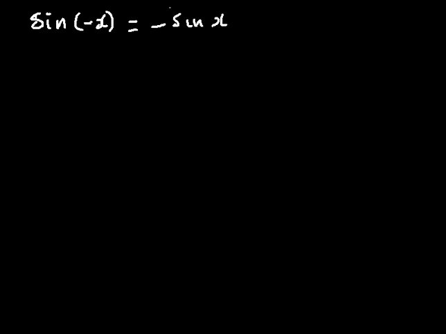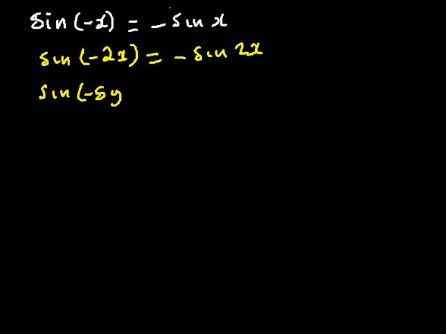That is to say, if we have sine of negative 2x, this is the same as negative sine 2x. If we have sine of negative 5y, this is the same as negative sine 5y. That's what it means.